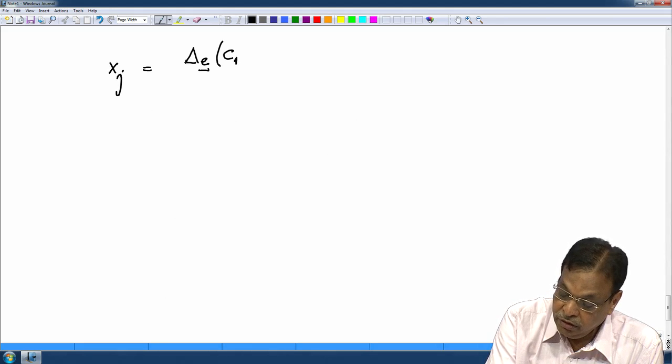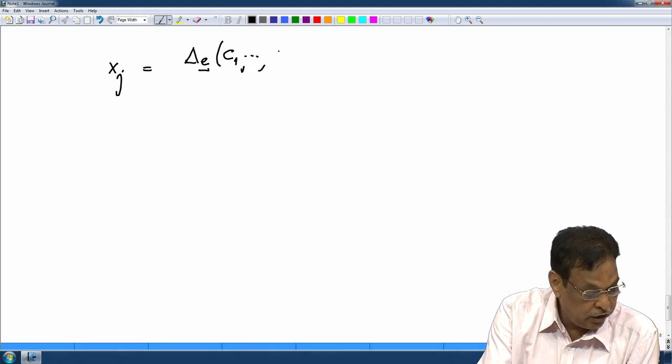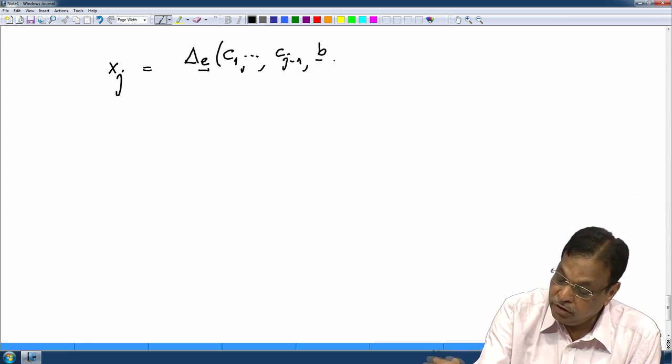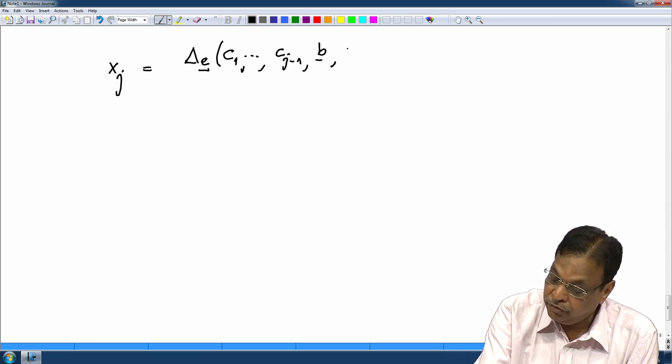So, C1, Cj minus 1 and then B, the vector on the right side, Cj plus 1, Cn.